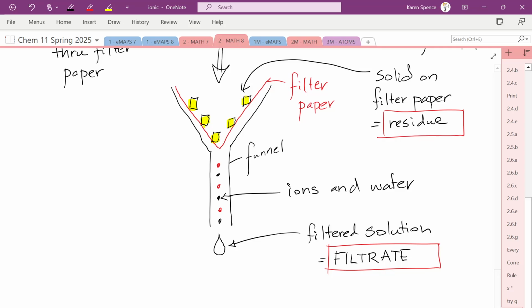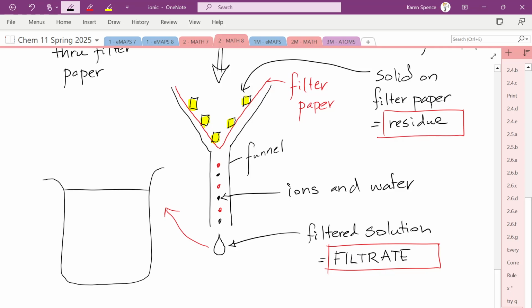So now, I don't want to redraw this way down there, so I'm going to draw it over here. Filtrate. And what's going to happen if we shine our light through this part?